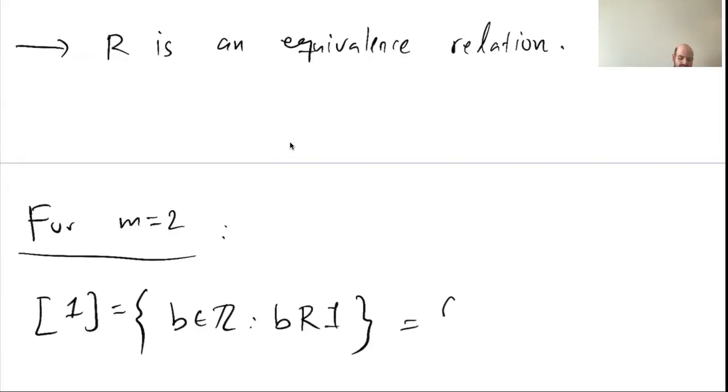So that means all B in Z such that B is congruent 1 mod 2.